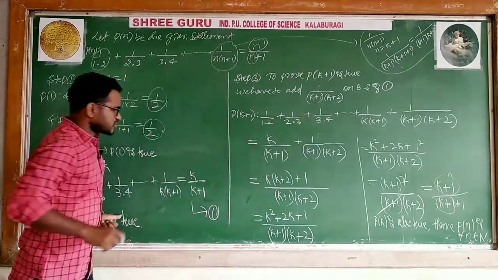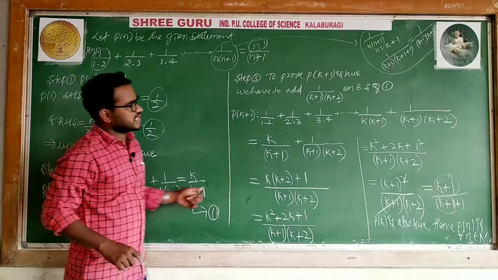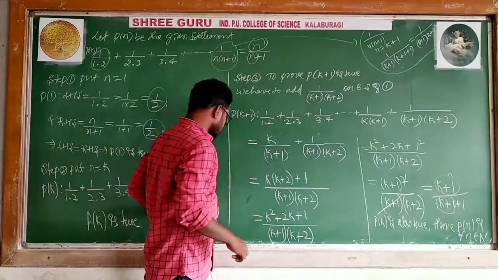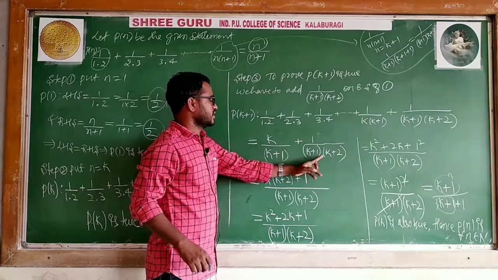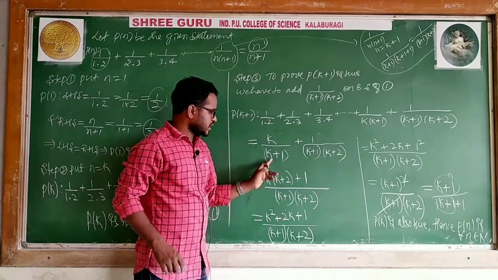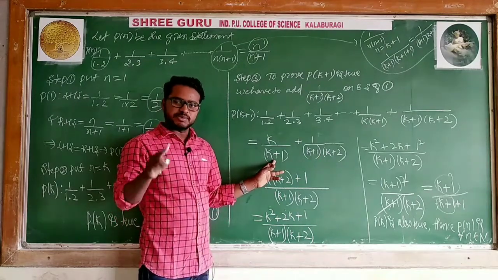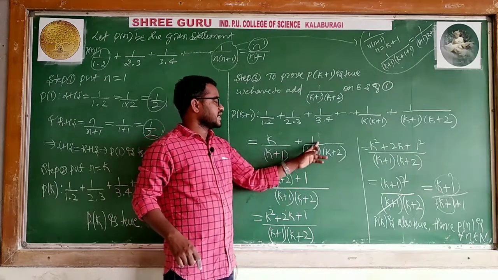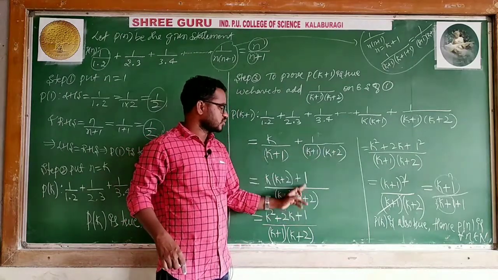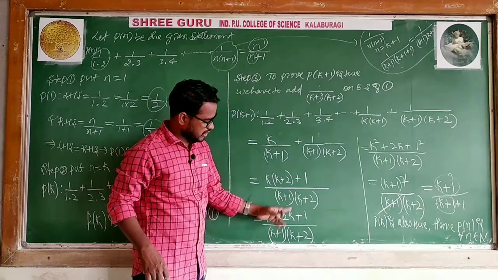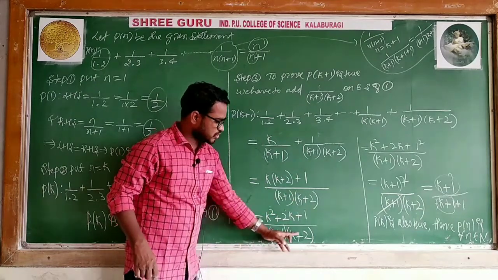I will add it with equation 1, keeping the k terms as it is, plus that required extra term. The LCM is k plus 1, k plus 2, so you have to multiply. This has k plus 1, k plus 2 as whole LCM, so only 1 remains. Multiply k into k square, k into 2, 2k, plus 1, divided by k plus 1 into k plus 2.